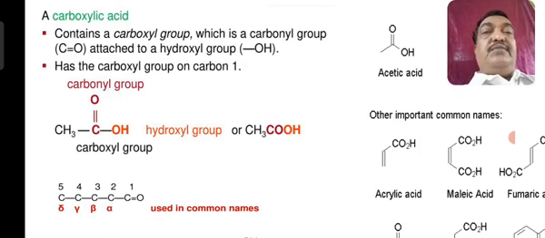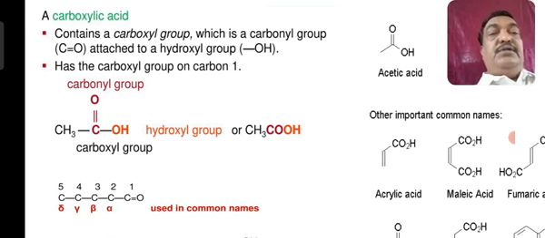A carboxylic acid contains a carboxyl group, which is a carbonyl group, C double bond O, having a hydroxyl group attached; this is called a carboxyl group. It is on carbon atom number 1.